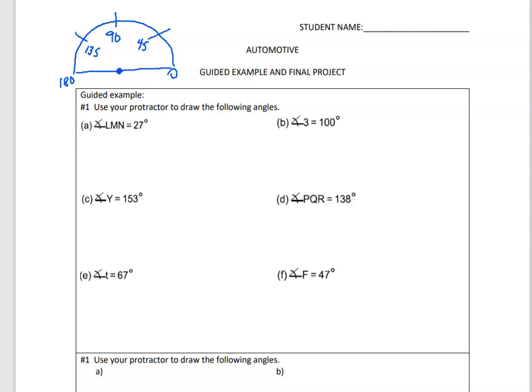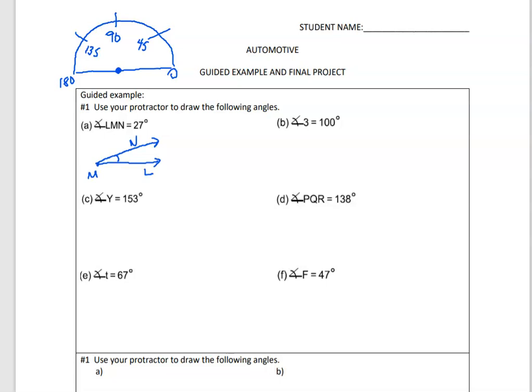So the center of my angle would be about right here. If we were to draw that, we would put our line at 0, and 27 degrees would be a little more than halfway to 45. So it should be something like this. This would be LMN.